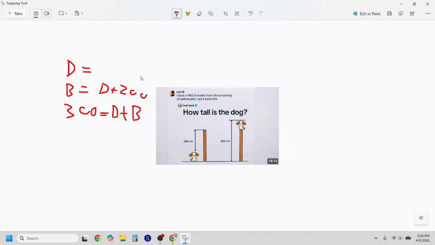Now, since we are trying to look for D, we want to substitute in values that would have only D as our variable, because we have both of these equations. So what we can do is solve for the height of the board in terms of D, which will allow us to then have a system of equations which we can solve with one variable.